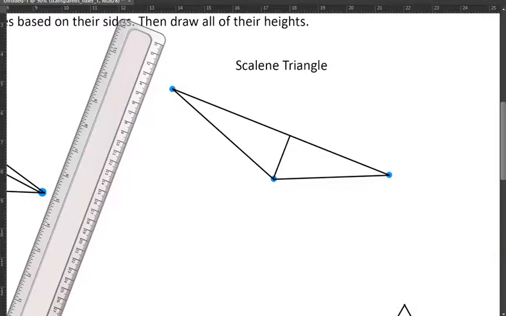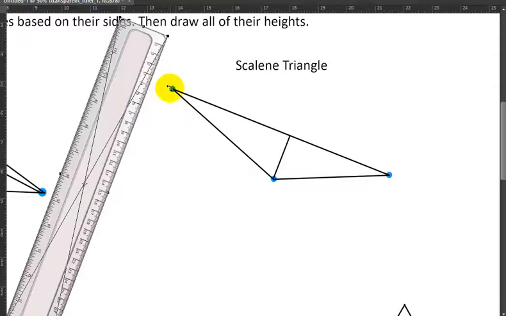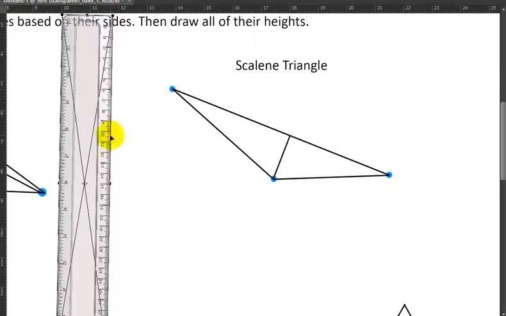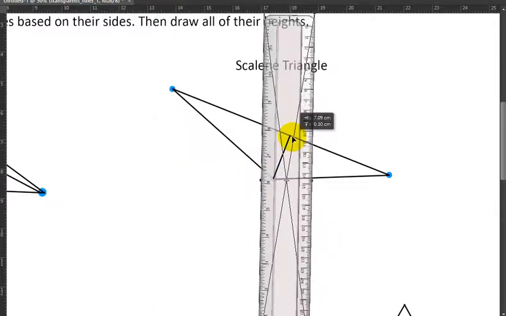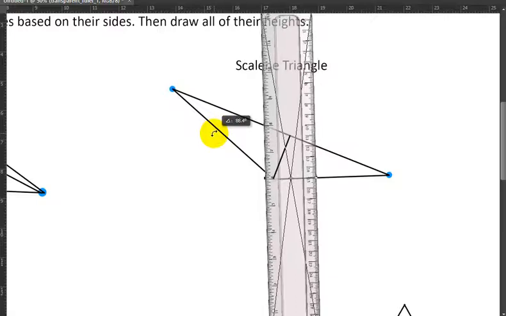All right, and this is where things get a little tricky, because as you can see here, I can't draw a perpendicular line if I make my ruler perpendicular to this line. I want to make a line that starts from this point and heads towards this side, and is perpendicular to it.